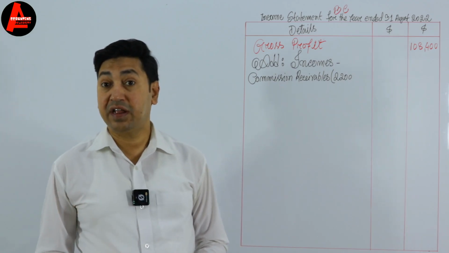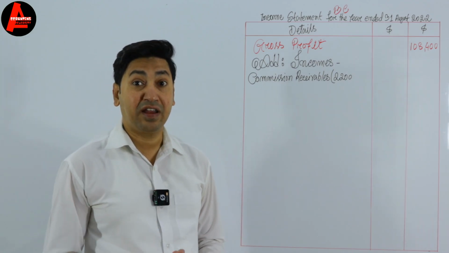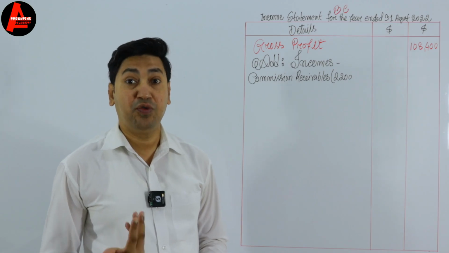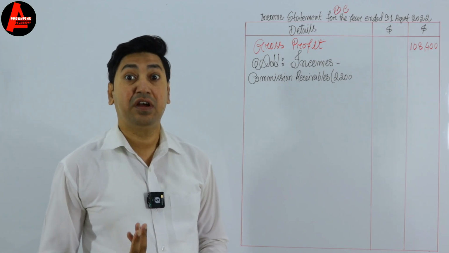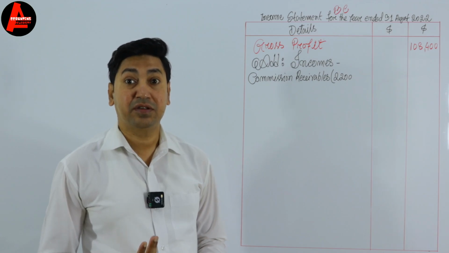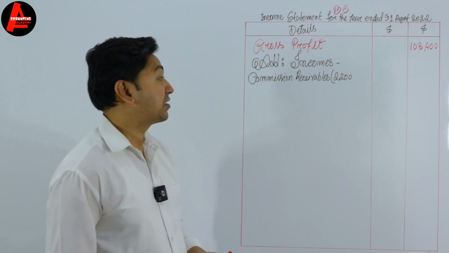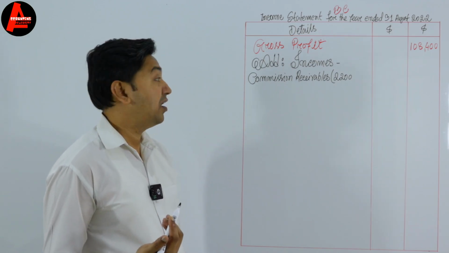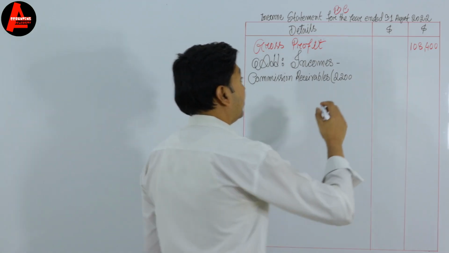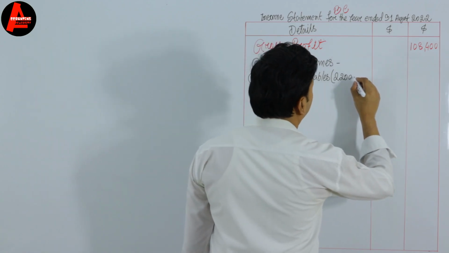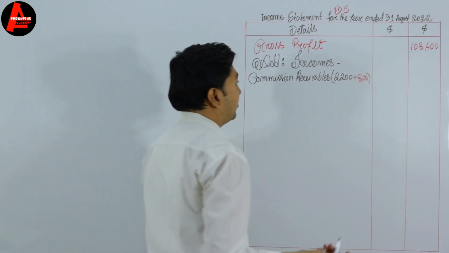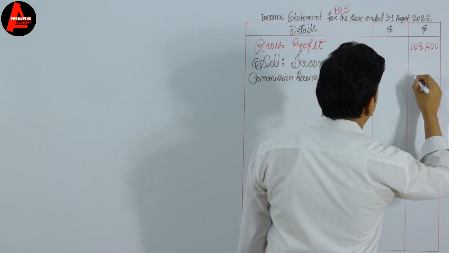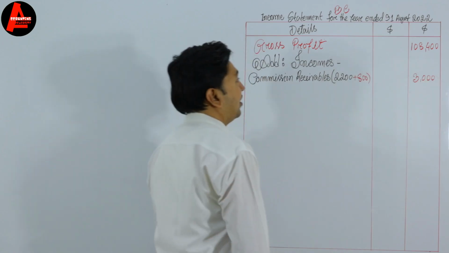Owing, outstanding, unpaid, accrued: if you see these words, you will add to the relevant item. Here it is owing, which means this amount is not yet received, so we add it to the $2,200. 2,200 plus 800 gives $3,000.